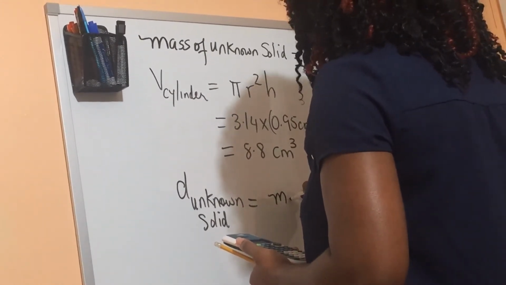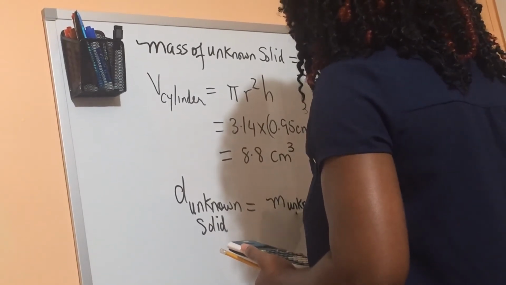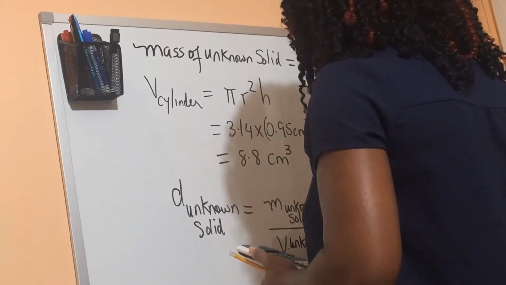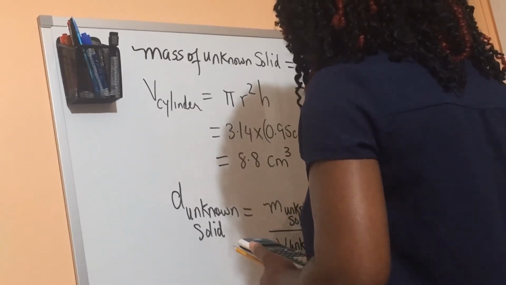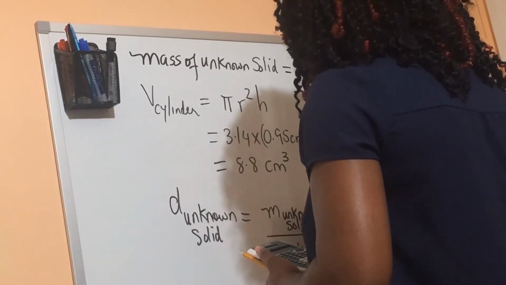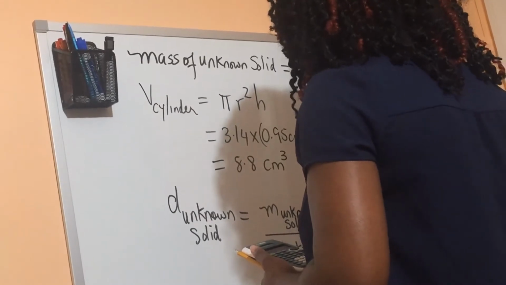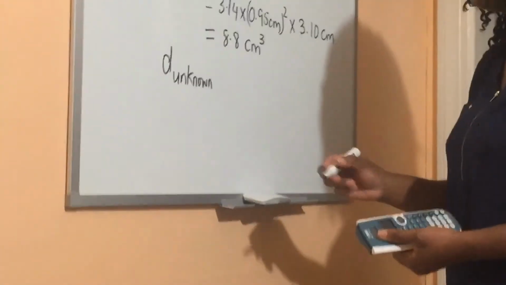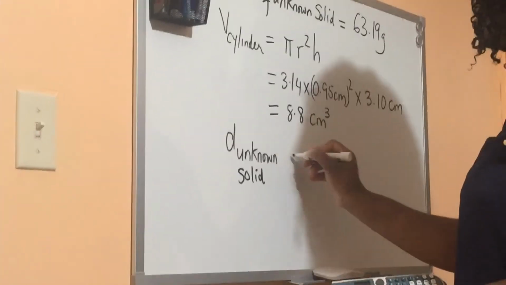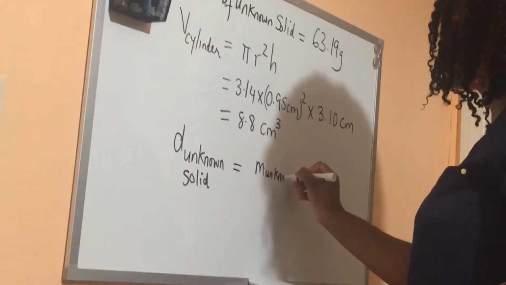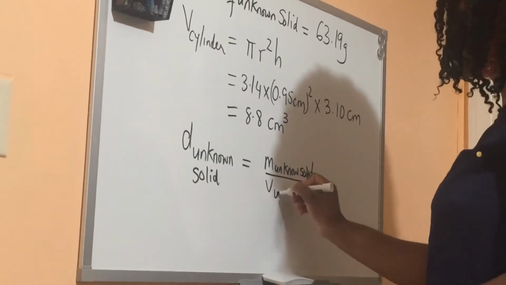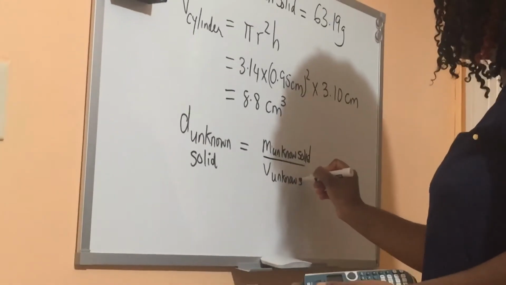So it's going to be the mass of the unknown solid over the volume of the unknown solid.